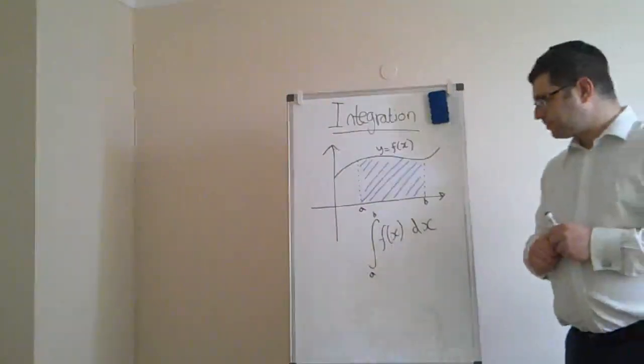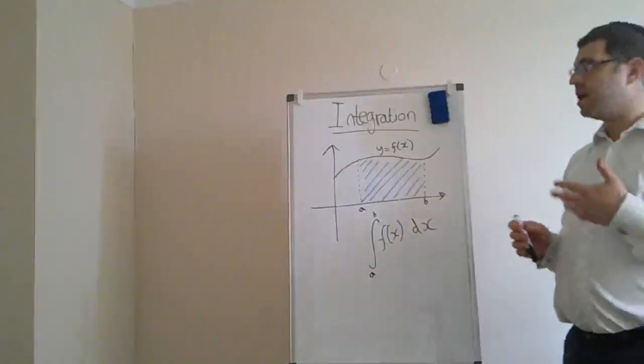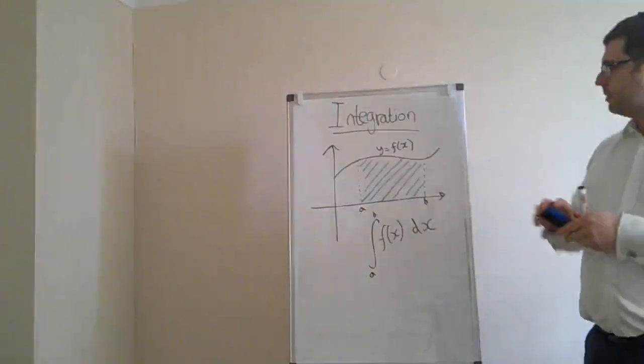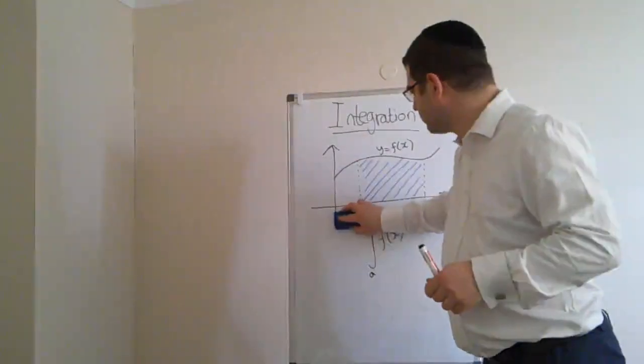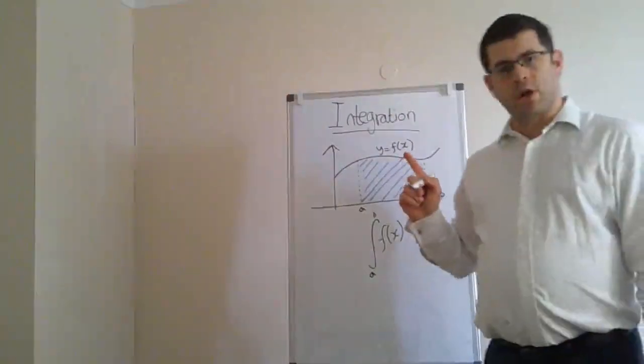So, to start with, I'd like you to have a go at an introductory problem, just to make sure that you're comfortable with that principle. Now, I'd like you to have a go at this problem here.